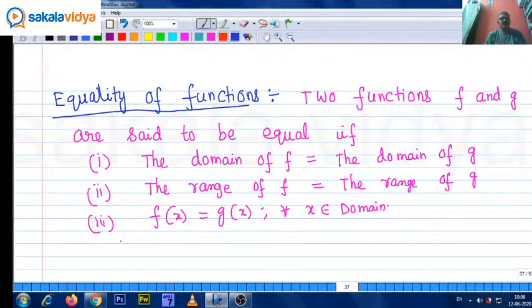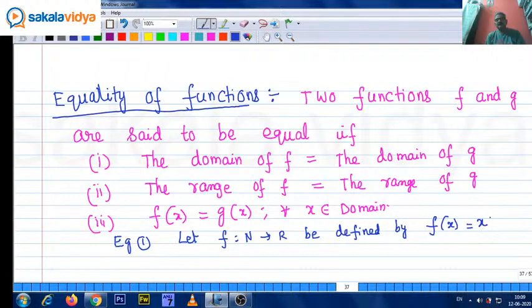We can take examples now. We can consider one example here. Let f map N to R be defined by f of x is equal to x square, and g maps R to R be defined by g of x equals x square.